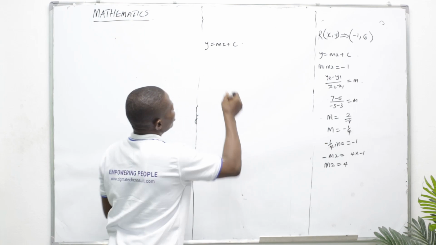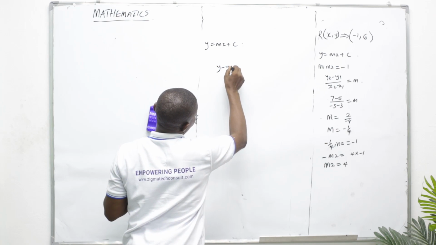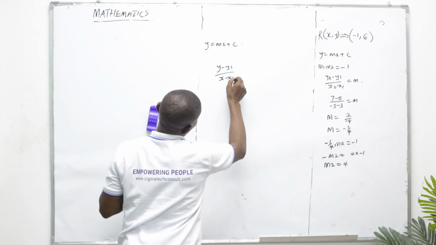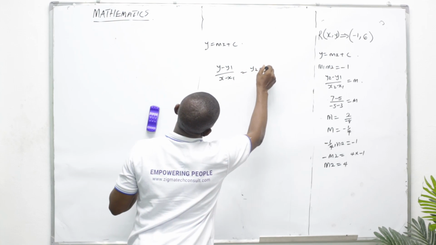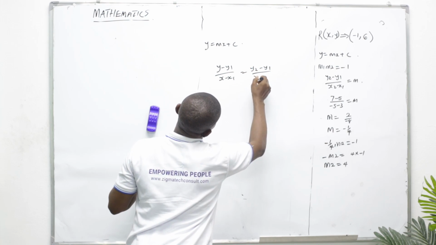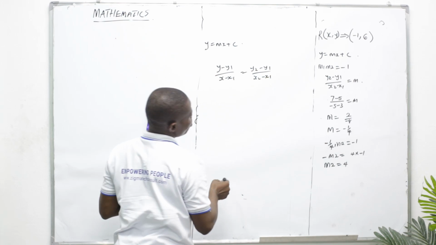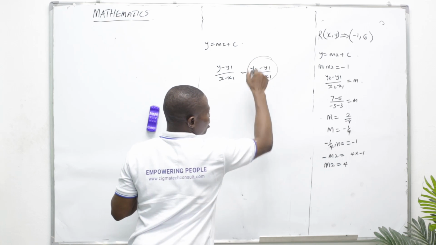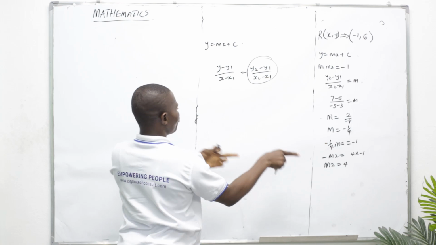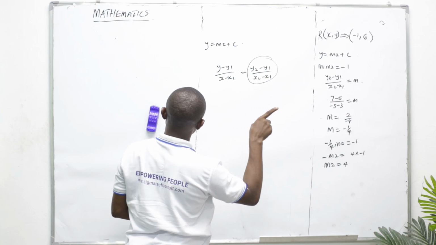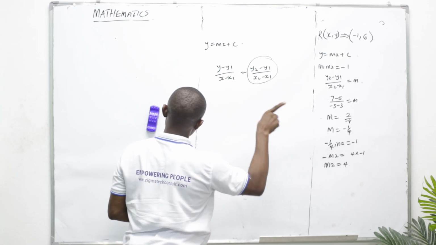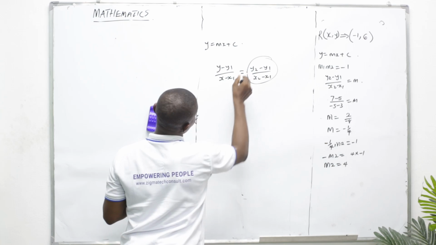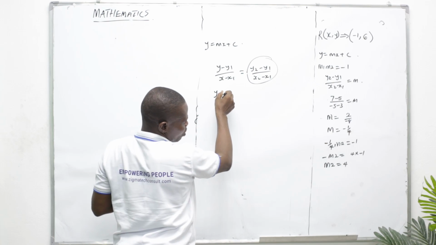What's the other one? Recall that y minus y1 all over x minus x1 equals y2 minus y1 all over x2 minus x1, where this person is the gradient. That was the original gradient, 4, not minus 1 over 4. Be aware. So now, y minus y1.